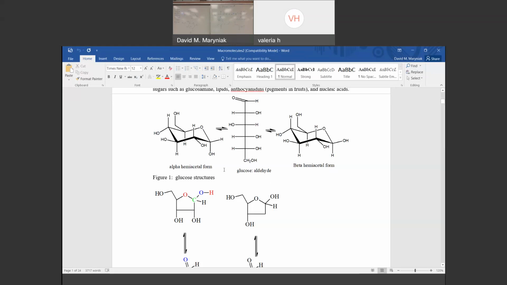Of particular importance is this carbon, which we were going to call carbon number 5. Its OH is projected to the right, and when we use this convention, we're using what's called a Fischer projection.